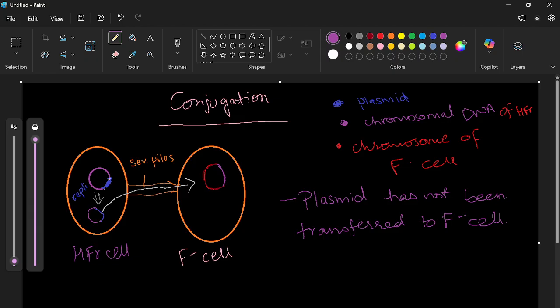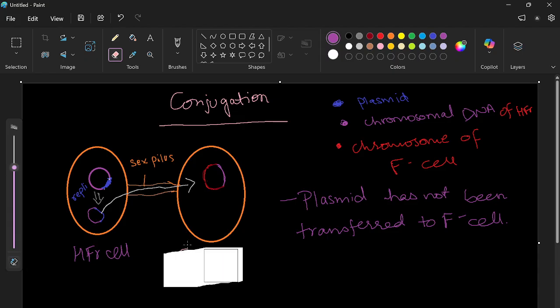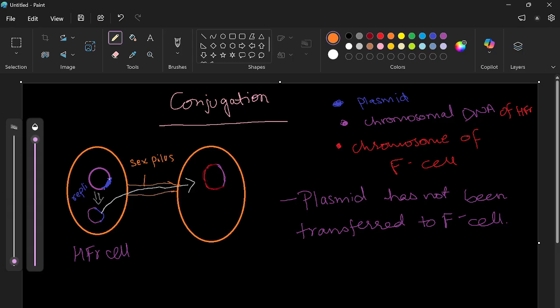So what will the cell now be called? This was an original F minus cell. Now it will be called a recombinant F minus.